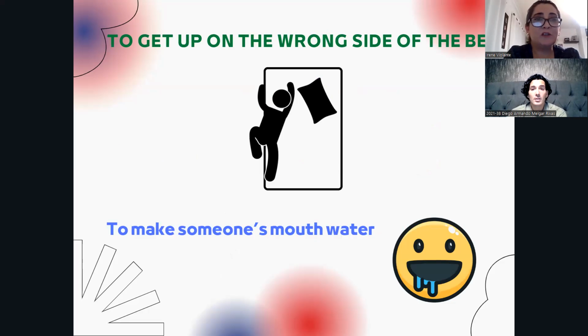Okay, how about this one? To get up on the wrong side of the bed. Oh, it happens to me a lot, some days when I have bad luck, I think. It's levantarse del lado incorrecto de la cama. Es cuando las cosas no salen bien, the things don't come well.